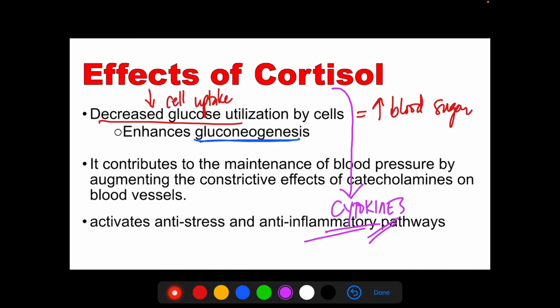So it prevents transplant rejection, and also for treating allergic or autoimmune diseases. Like for example, in lupus erythematosus, or for example, in rheumatoid arthritis. So cortisol is helpful in this one. So again, LE and RA: lupus erythematosus and rheumatoid arthritis.